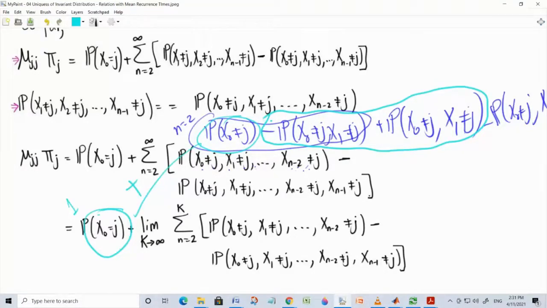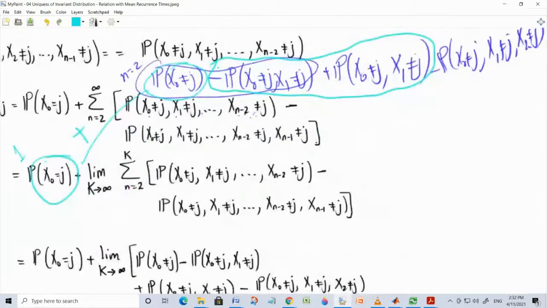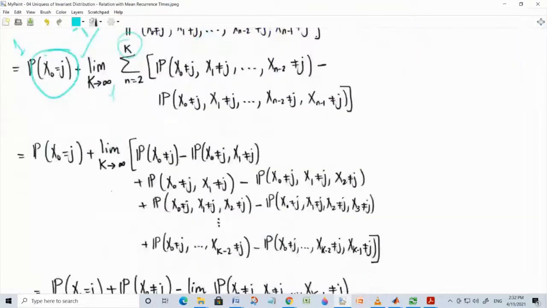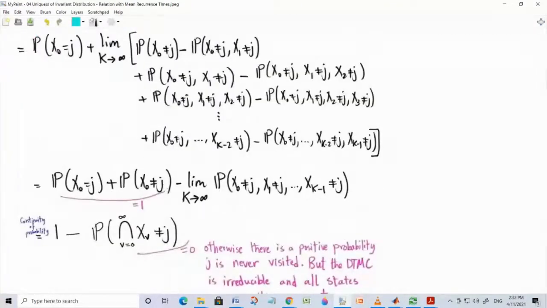But then when you do telescoping, there will be minus the very last term, and you take the limit as k goes to infinity. Again, you can do things in slow motion by putting a finite upper limit here and then taking the limit. The idea is that there will again be two terms that combine to 1, and then there will be this term here.